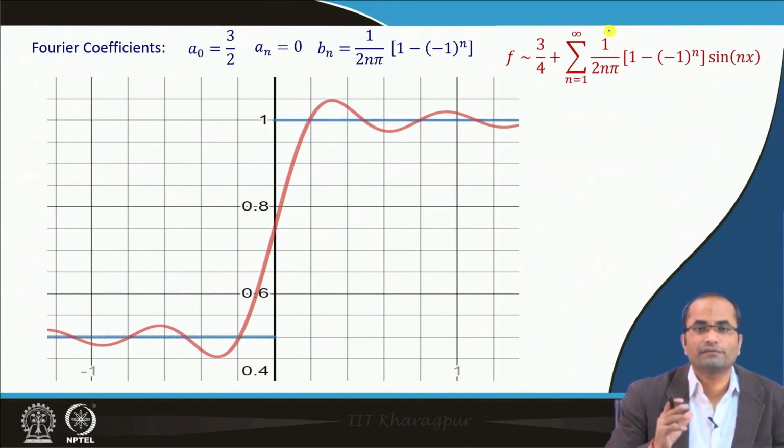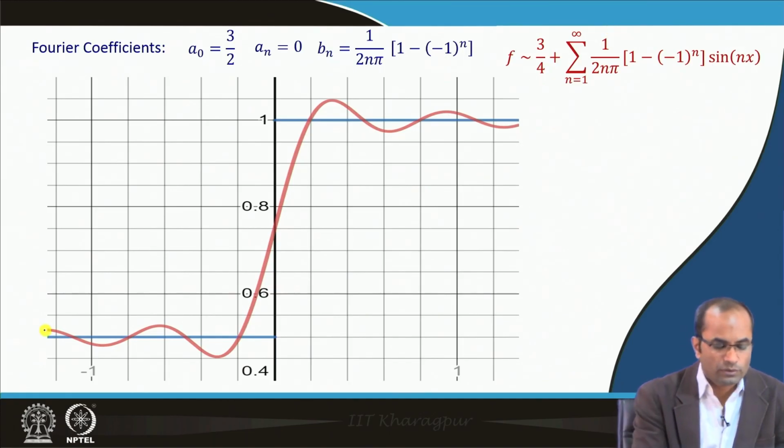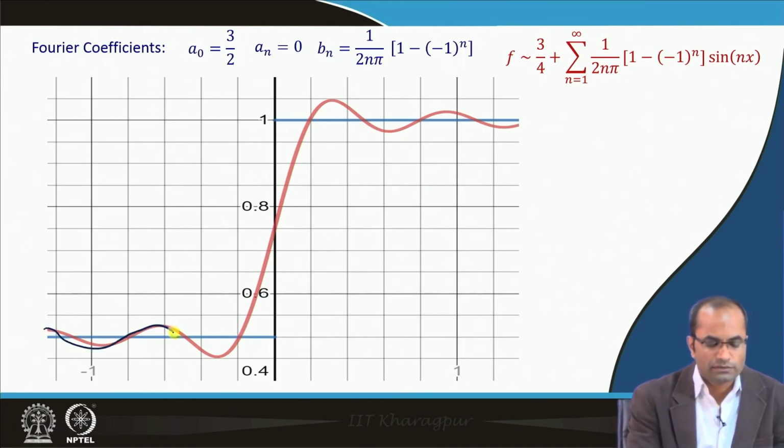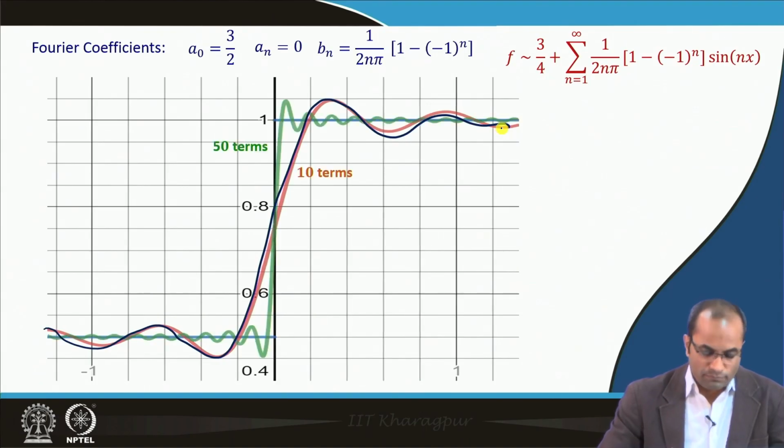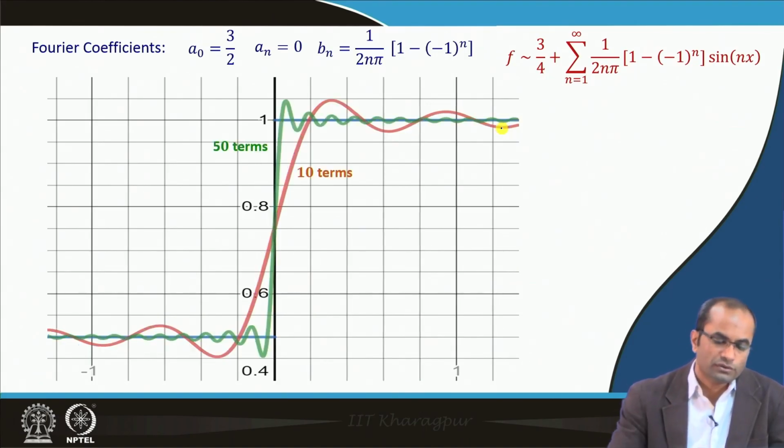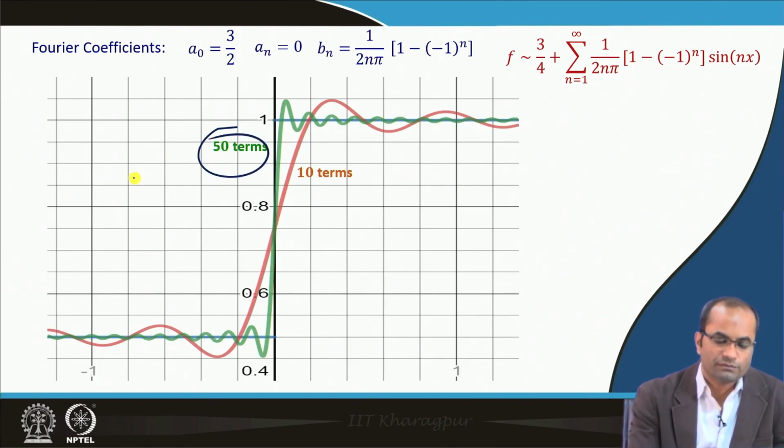You can see because we have taken only 10 terms, the approximation is not very good. It is not matching, for example, the given function. It is not converging, or seems to converge for just 10 terms to the given function. But what if we take more terms, for example 50 terms here?